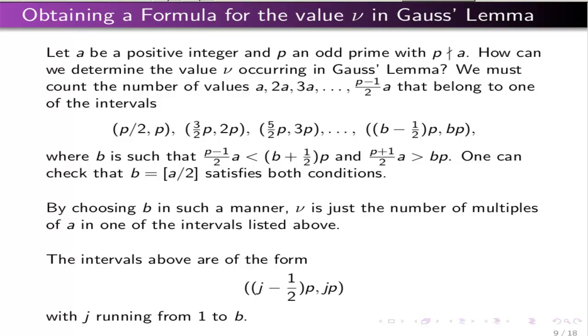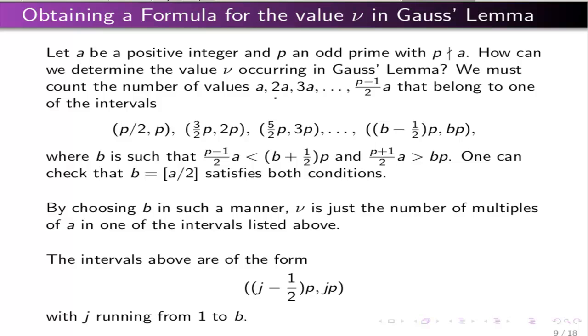Next, we want to obtain a formula for the value ν. So let a be a positive integer, p be an odd prime not dividing a. So I want to calculate the value ν here. So the lemma says this: you have to count the number of values a, 2a, 3a, up to ((p-1)/2)a, that when you reduce them mod p, belong to the interval from -p/2 to 0.